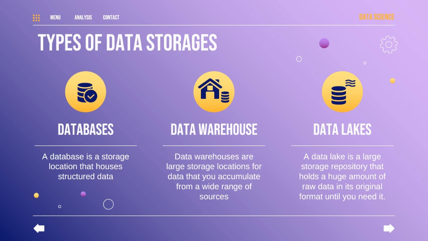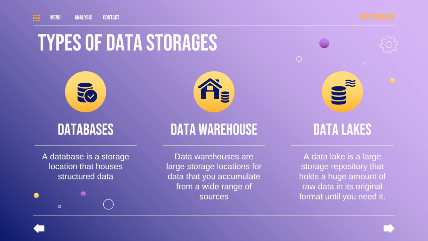Next, data warehouses. Compared to databases, these storage spaces are high in number. Their storage capacity is also large. They have a wide range of sources. Next, data lakes. This is a data storage repository.